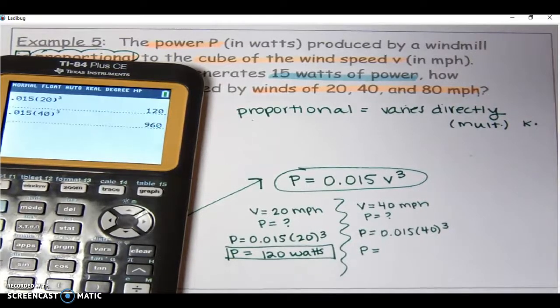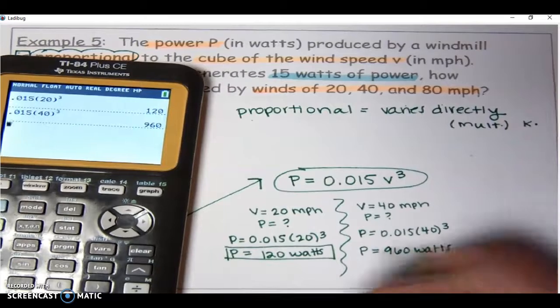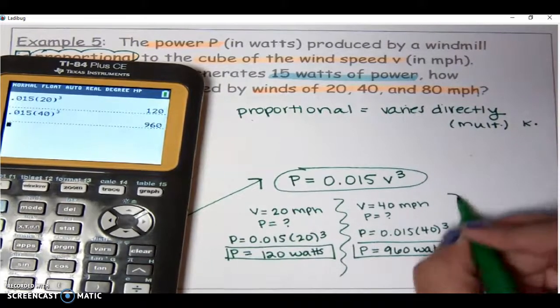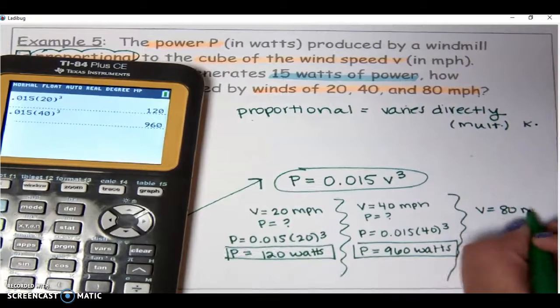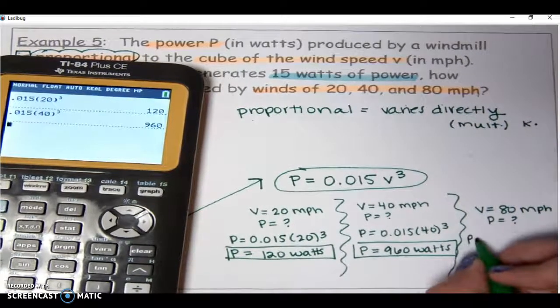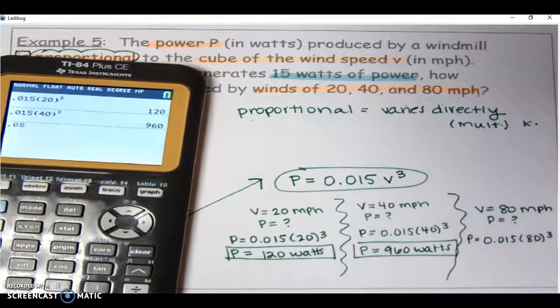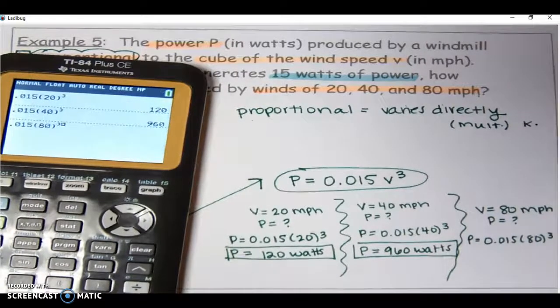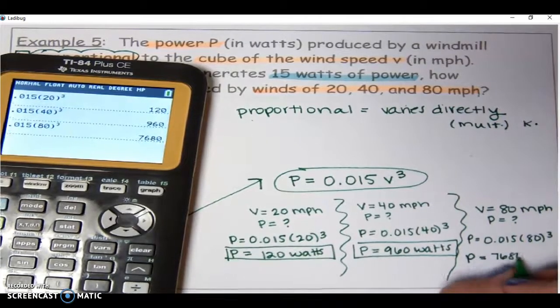When you plug in 40, you get 960 watts. And then we have one more. They want us to figure out when the wind is 80 miles per hour, what is the power? We plug in 80, and the power there should be 7,680 watts.